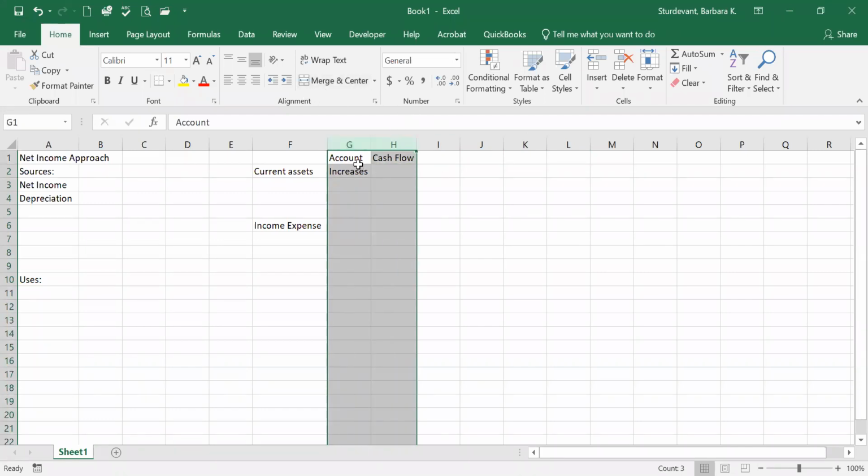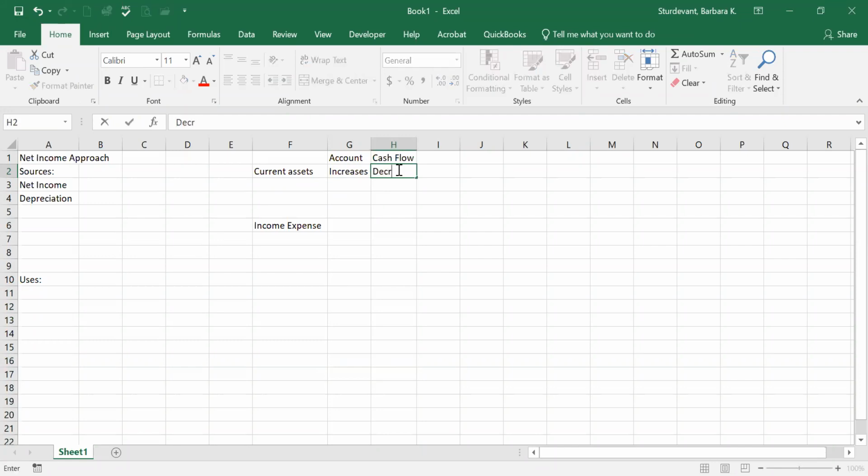An increase to current assets would be a decrease to your cash flow. Correct. Thank you, John. Okay, so then what about if the current asset decreases? Then what happens to cash flow? Cash flow would increase. Okay.